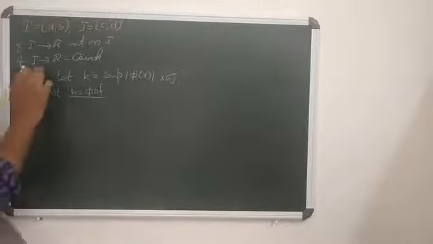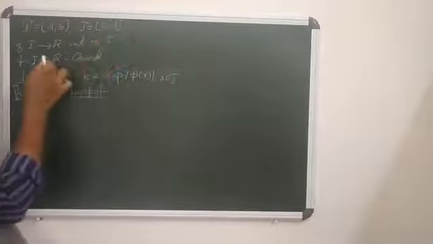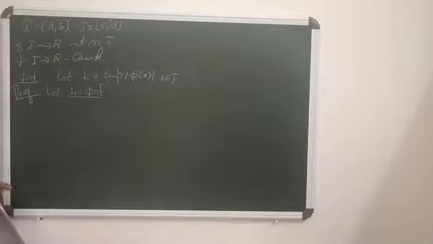What is f? What is phi? Phi is continuous. Phi is continuous means phi is continuous on where? On J. What is J? J is the closed interval [c, d]. Means phi is continuous on a closed interval. We already know that continuity on a closed interval implies uniform continuity.